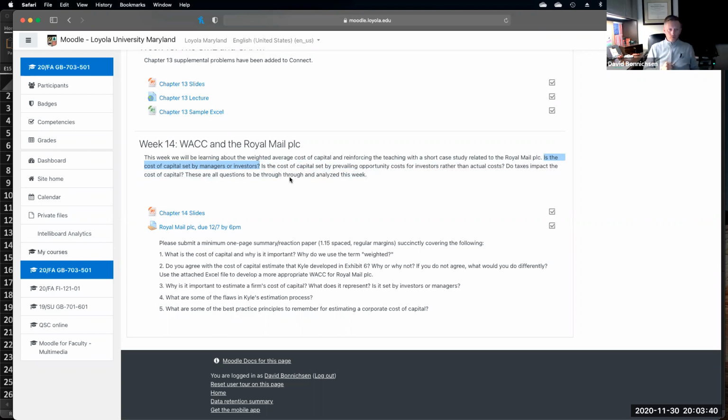But we have a small case. It deals with the British Royal Mail, where they were going through a bit of a transition back in mid 2015, and they're trying to determine what their weighted average cost of capital is.